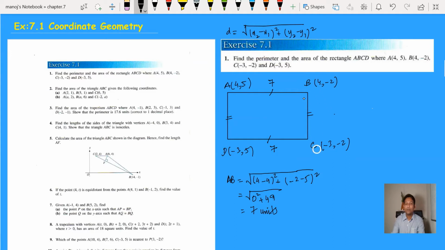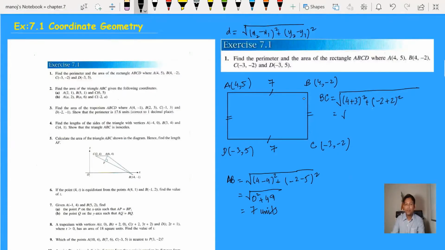Now we need to find BC. When we find the distance BC, we will use the same distance formula. x2 minus x1, 4 minus minus 3 is plus 7, and minus 2 minus minus 2 is 0.